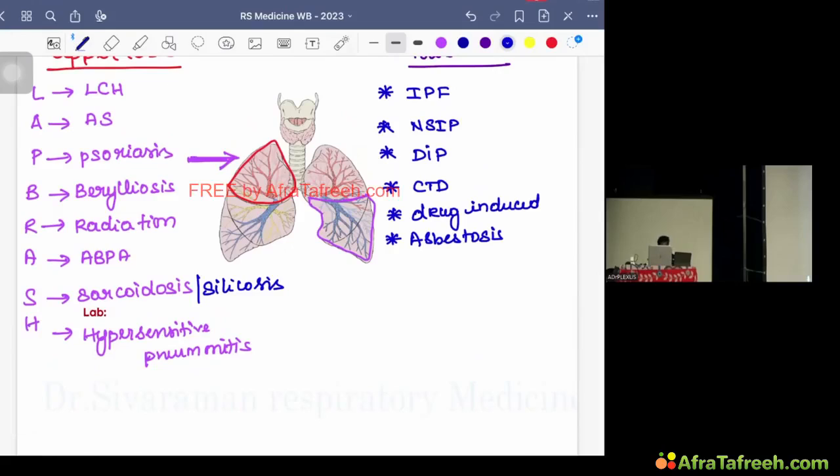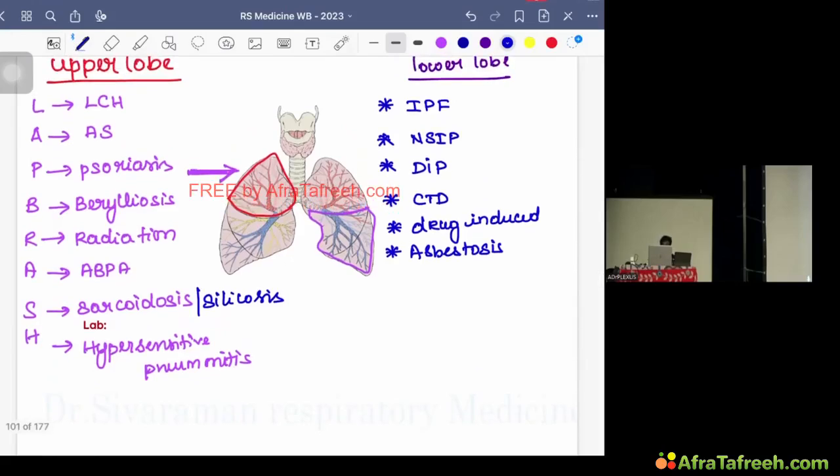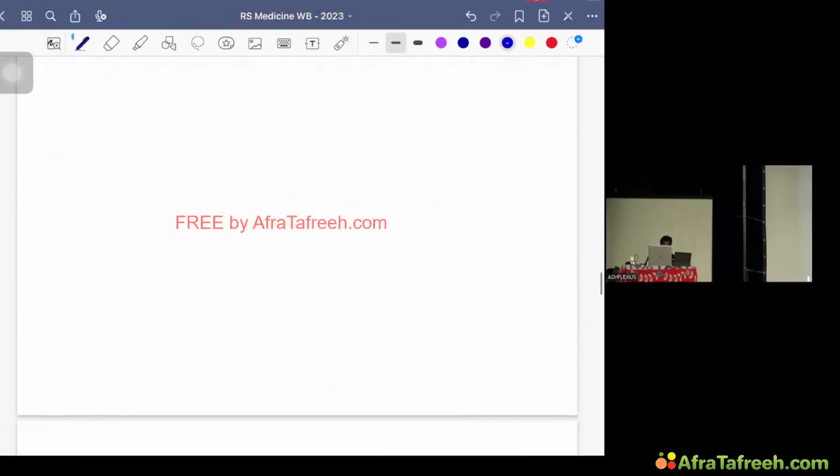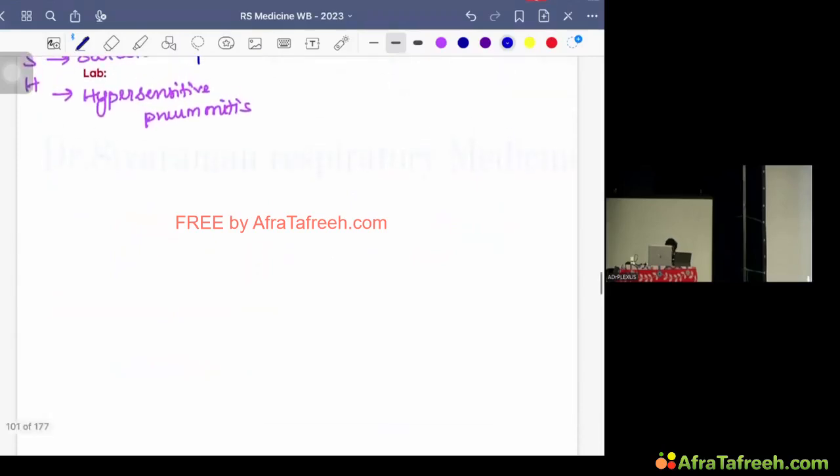So these are the upper lobe and lower lobe predominant conditions, and this is a very important MCQ.